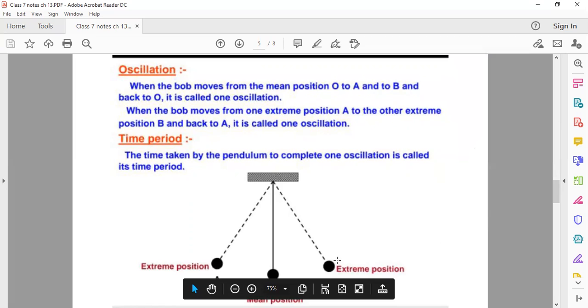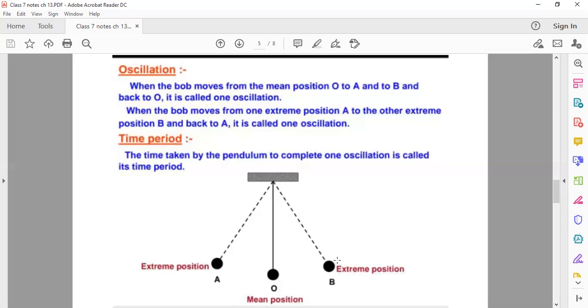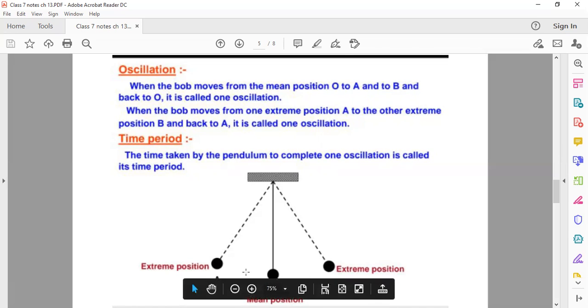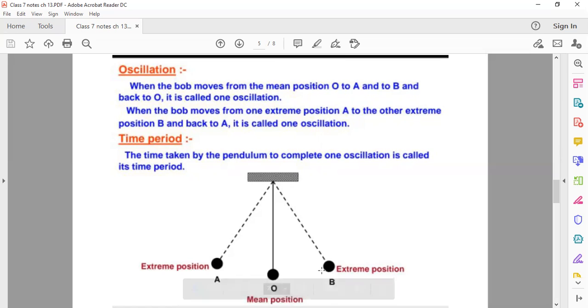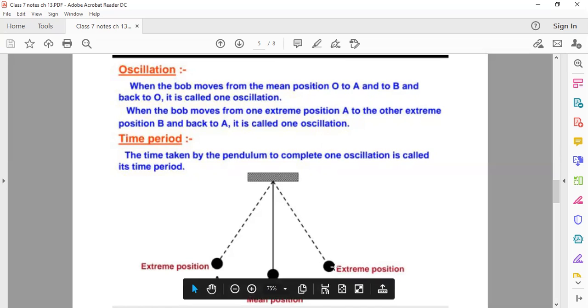I want to tell you one thing: one oscillation will be calculated when the bob moves from one extreme position A to the other extreme position B and then back to A. Then it is considered as one oscillation.